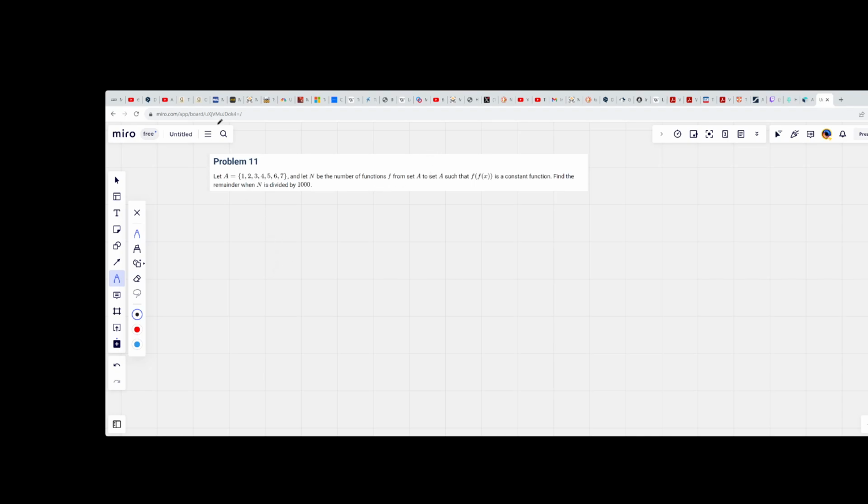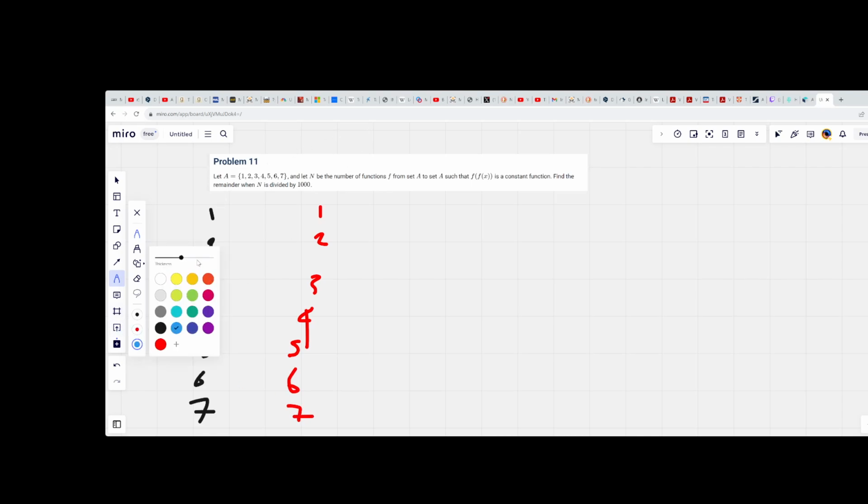So what that means is, let's say I have 1, 2, 3, 4, 5, 6, 7. Then I have the output set, which is also 1, 2, 3, 4, 5, 6, 7. Then our function maps these two to each other.